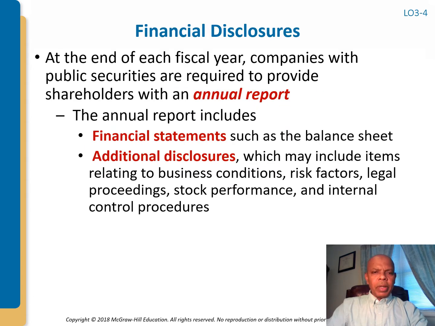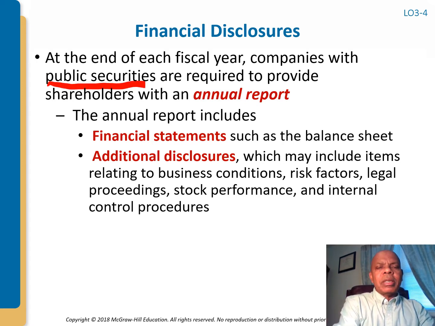Disclosure is an important part of putting together financials. Why disclosure? Again, I think we mentioned that before. Now, at the end of each fiscal year, companies with public securities are required to provide shareholders with an annual report. When you say public, you're selling stocks to the public, right? You and I own a couple of shares here and there. So those are the public corporations.